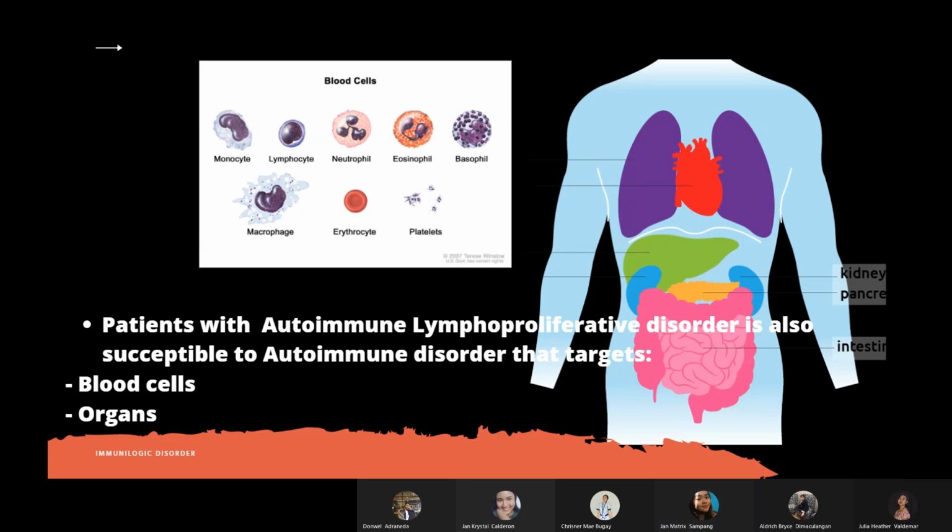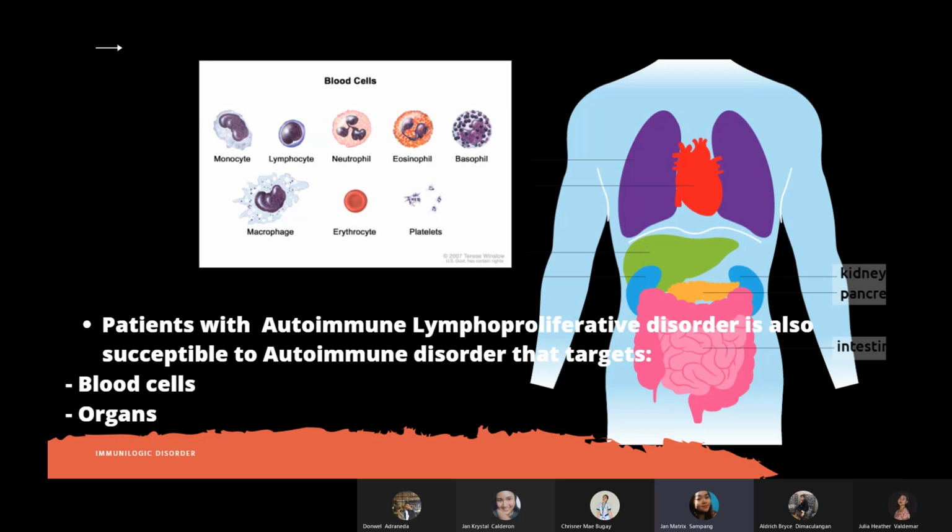Next, patients with autoimmune lymphoproliferative disorder are also susceptible to autoimmune disorders that target the blood cells and the organs. Autoimmune disorder occurs when the immune system malfunctions and attacks the body's own tissues and organs.